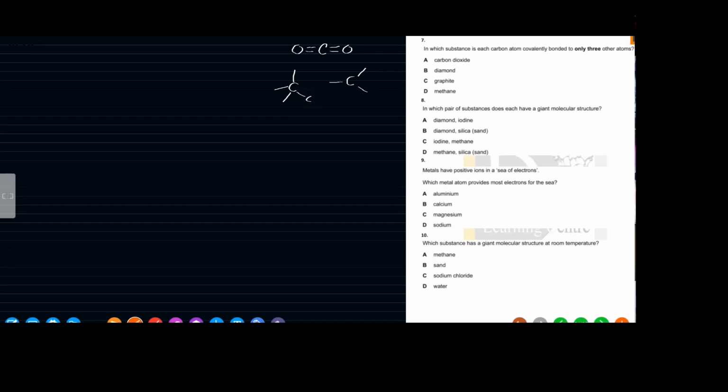Methane has 4 hydrogens. If you didn't know methane, now you know CH4 is called methane. That's fine. But you know graphite is the answer, even though you don't know methane, right?